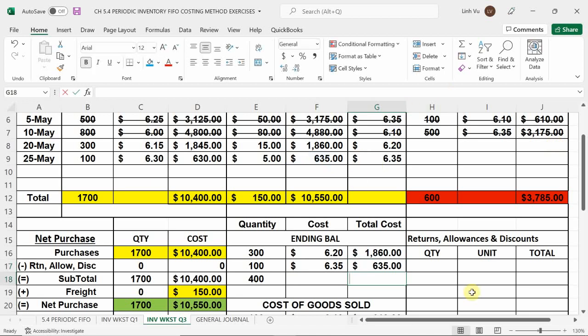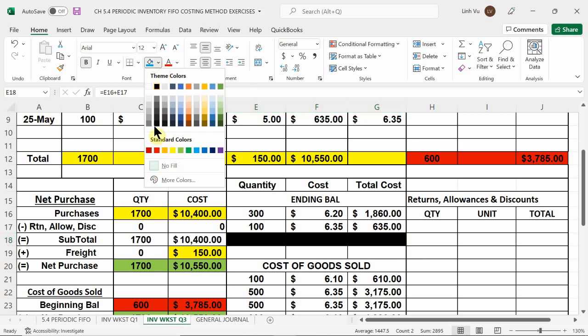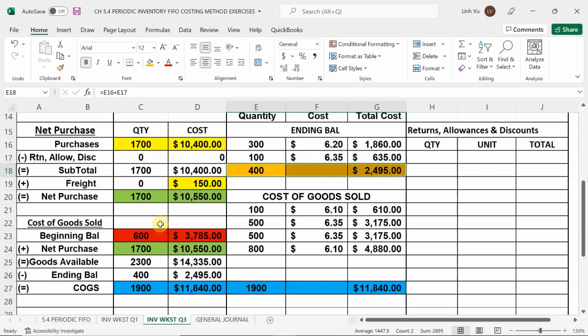So in this case, my total ending balance for the cost is 400 units, that's quantity, at a total cost of $2,495. Okay? All right? Let's take a second look at this.